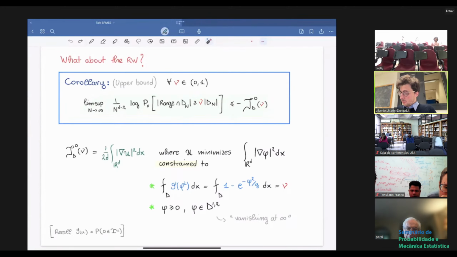And recall that this theta came from random interlacements. This theta_u is just the probability that 0 belongs to the interlacement set at level u.